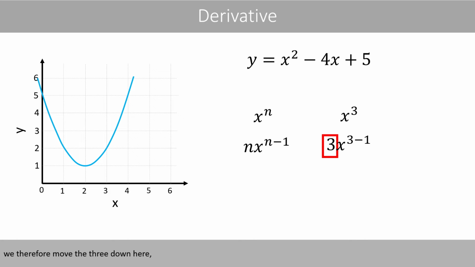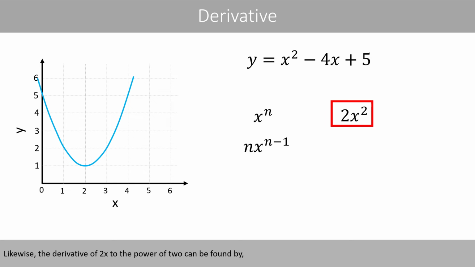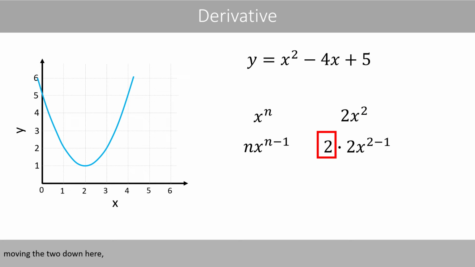We therefore move the 3 down here and reduce the exponent by 1, so that we have 3x to the power 2. Likewise, the derivative of 2x to the power 2 can be found by moving the 2 down here and subtracting 1 from the exponent, which results in 4x to the power 1, or simply just 4x.